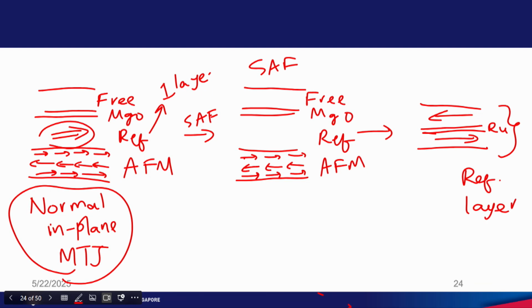So when you read information, what matters is the top ferromagnetic layer. So your top magnetization of the reference layer is along this direction. If the free layer is parallel to that, you will have low resistance.